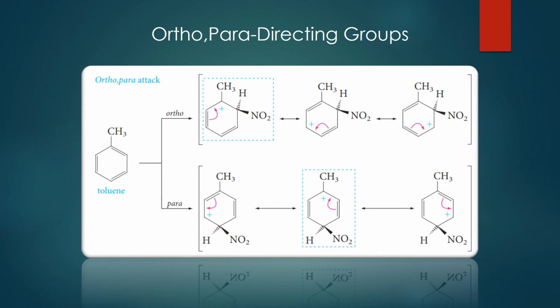Consider nitration of toluene. In the first step, the nitronium ion may attack a ring carbon that is ortho, meta, or para to the methyl group, for example.